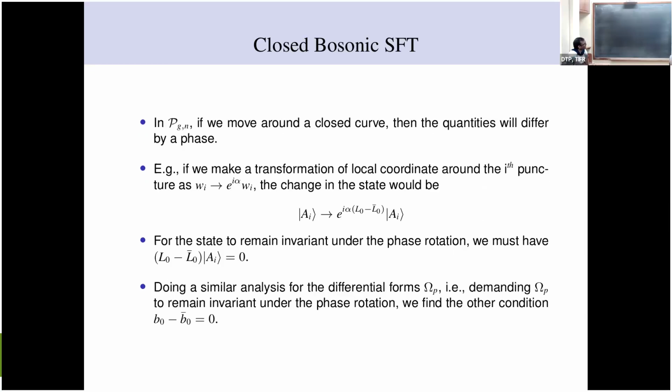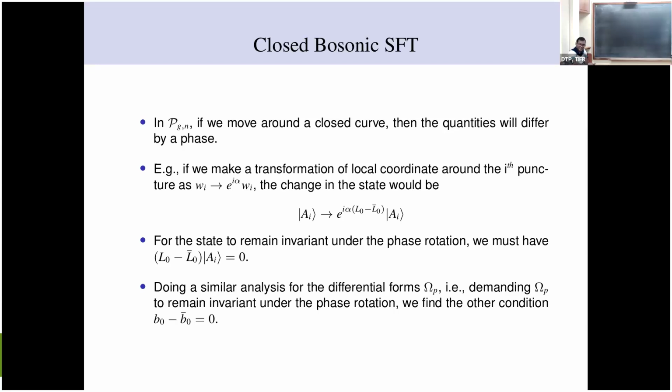Suppose you make a local coordinate change around the ith puncture. Suppose the coordinate system around this ith puncture is Wi, and you make this rotation e to the power i alpha Wi. Then the rotation operator is L0 minus L0 bar. So this state will pick up the factor e to the power i alpha (L0 minus L0 bar) acting on Ai. If you want your state to remain invariant under this phase rotation, then we must impose L0 minus L0 bar equal to 0.